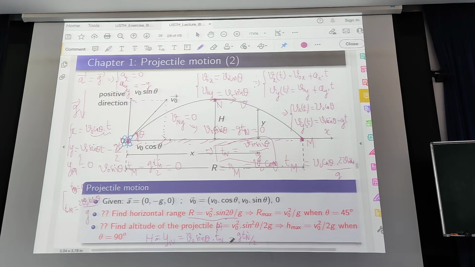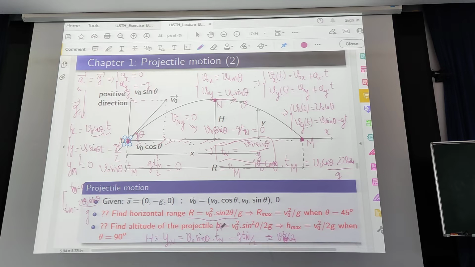So you plug Tn here. Tn is what you get from here, and then these are the results. You plug the results in, and then you get V0 squared over 2 here.